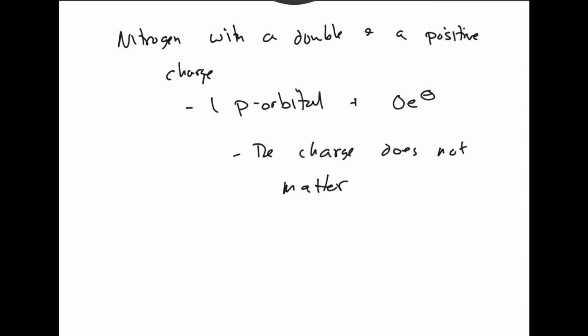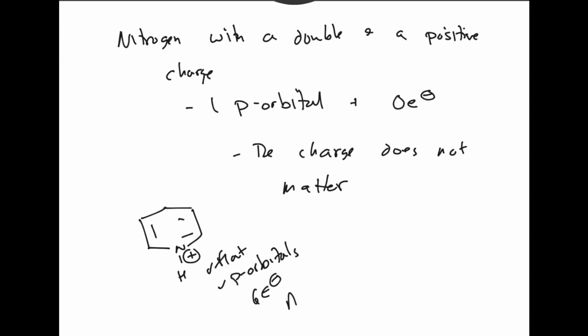If you have a nitrogen that has a double bond and a positive charge, that positive charge doesn't matter. It doesn't have an impact on anything. It's basically just like if it didn't have a positive charge. So if you have this, that positive charge doesn't matter. This is still going to be flat. Everything's going to have p orbitals. So we're good here and here. And it's still going to be 6 electrons, so it's still aromatic.